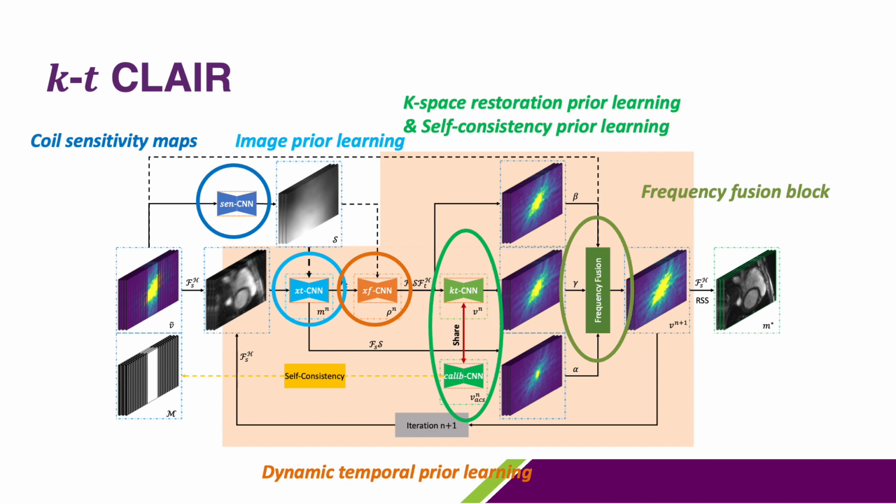Importantly, in our approach, we incorporate the joint learning of coil sensitivity maps along with other components. This joint learning enables the network to effectively account for spatial variations in the sensitivity of receiver coils, further improving the accuracy and quality of the reconstructed images.